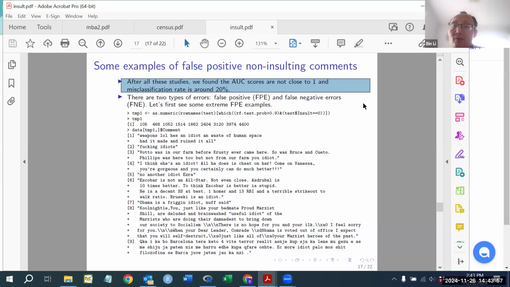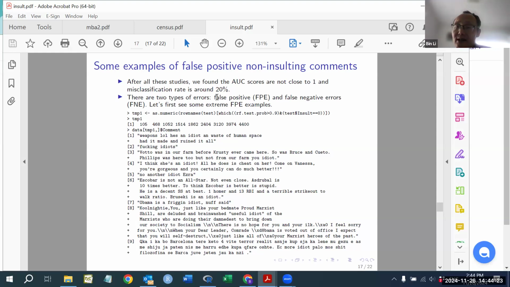So here I'm focusing on maybe we can look at those errors that we made. There are two types of errors: either the false positive or the false negative error. What is a false positive? Positive here means that it's an insulting commentary.